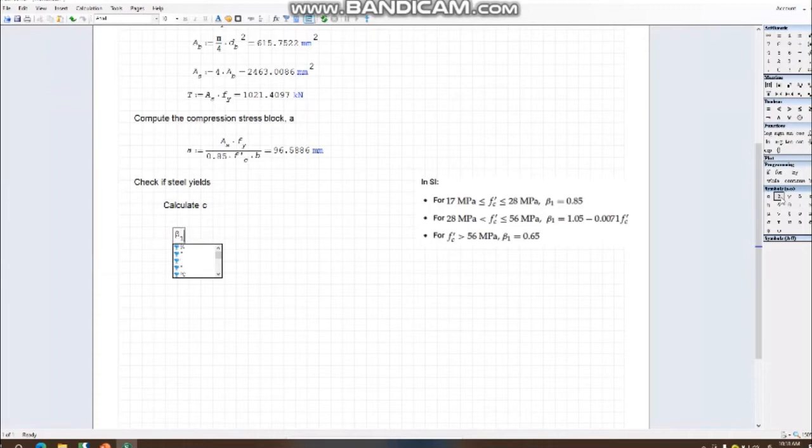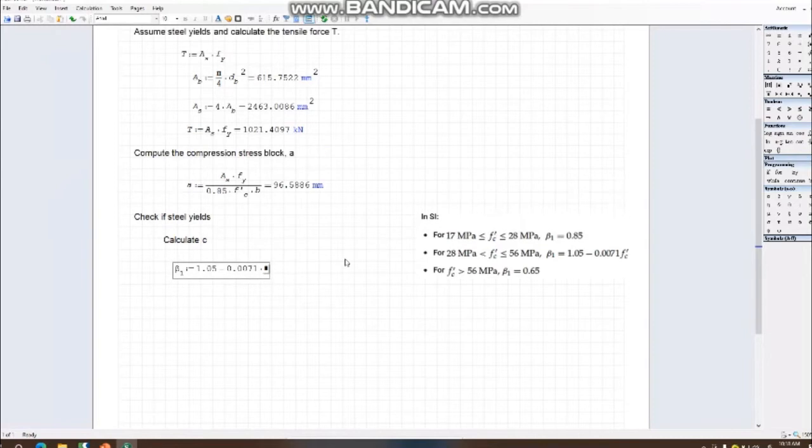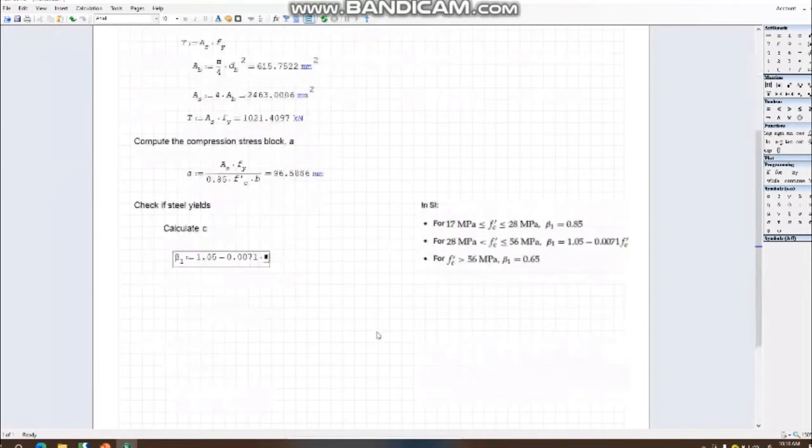So beta 1 equals to 1.05 minus 0.0071 FC prime na po being 41.47. Okay, yan. So, 0.7556. As you can see, ang iyang value is between 0.85 and 0.65.